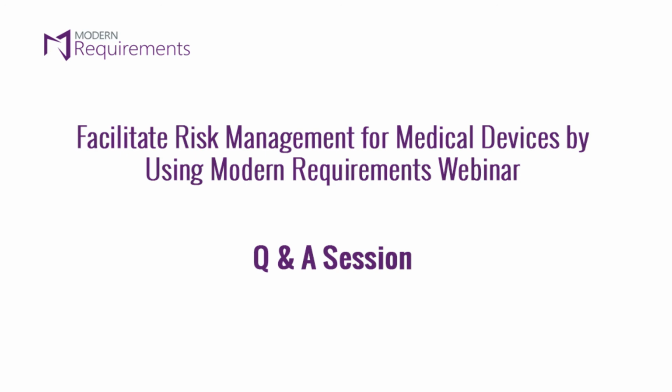Actually, there's a couple of things I want to let people know as other people are typing in their questions. So one is that when you do have a risk or a hazard, and then you have linked requirements to it, you can also use the suspect link functionality, where if the risk changes, then the mitigation requirements should be reassessed.